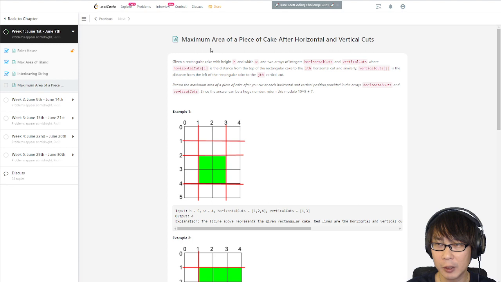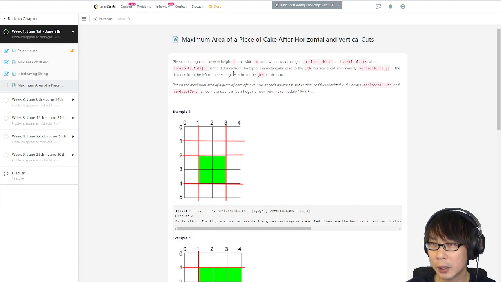So first, let's read the description. Maximum area of a piece of cake after horizontal and vertical cuts. So we are cutting a cake. Given a rectangular cake with height h and width w, and 2 arrays of integers, horizontal cut and vertical cut.